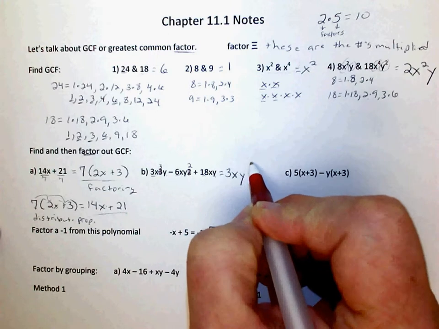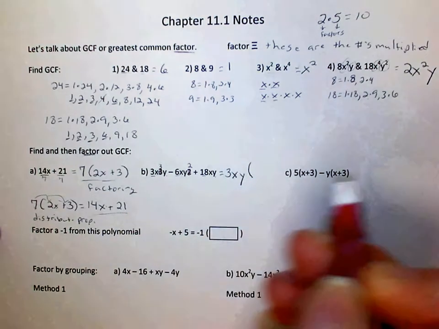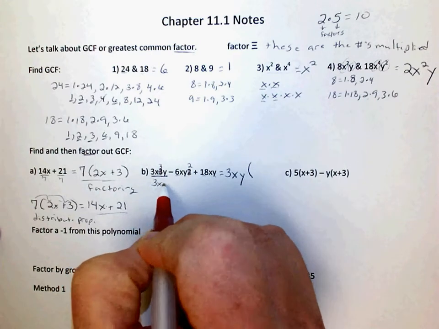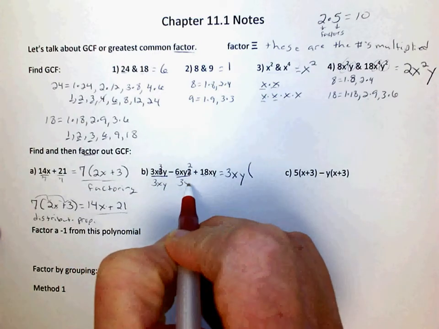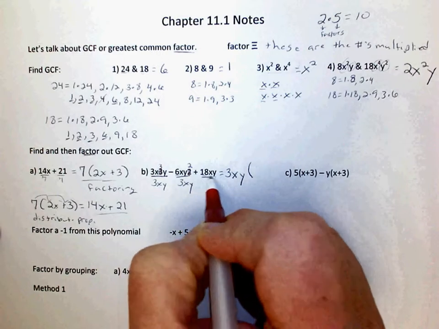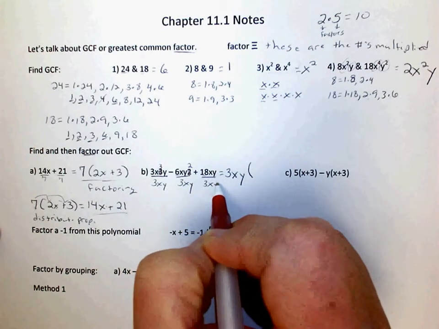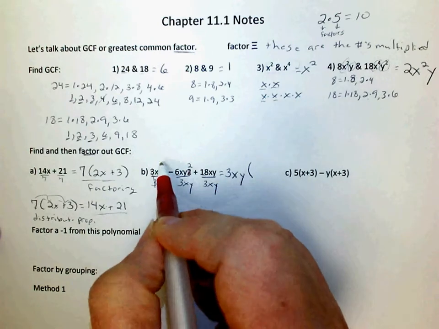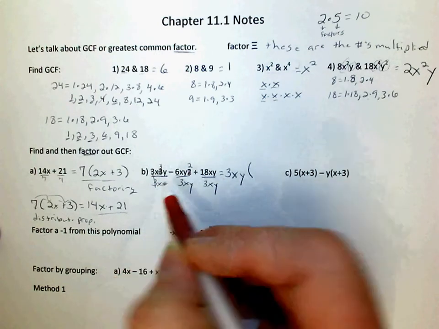And I didn't quite leave myself enough space, but now we divide this by 3xy, then we divide that by 3xy, and we divide this by 3xy. 3 divided by 3, chop chop. 3 of these minus 1 of these leaves 2 of them.